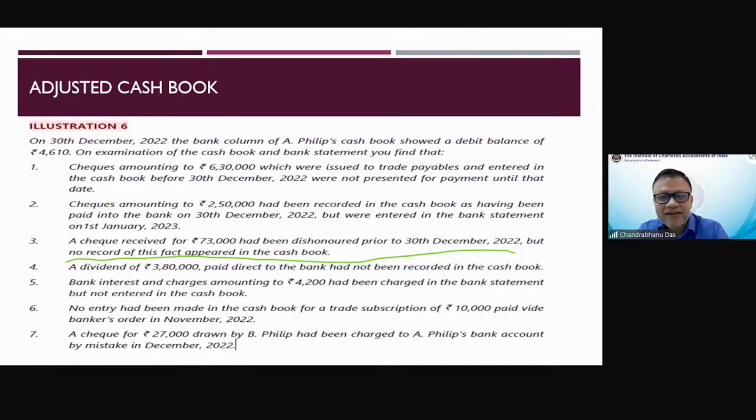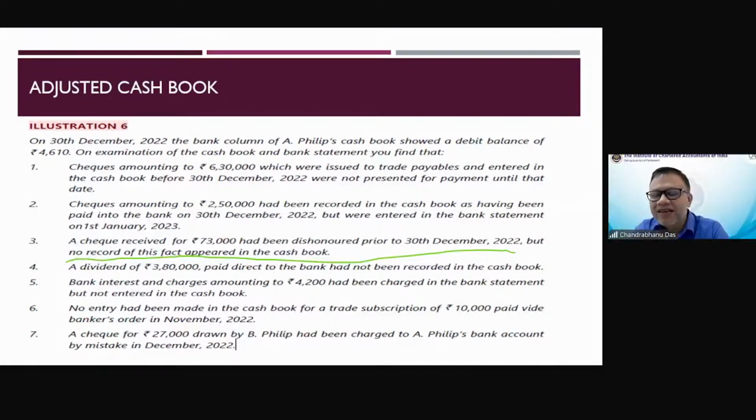So let us understand this English. Check is drawn by B Philip. Drawn means it is already issued and it has been presented to the bank. Charged means the bank has charged it. Otherwise, you cannot charge it to somebody's account. Sitting here, you cannot charge it to your bank account, unless, of course, now in the days of internet banking. But a check you cannot take yourself and put in your bank account unless you give it to a banker.